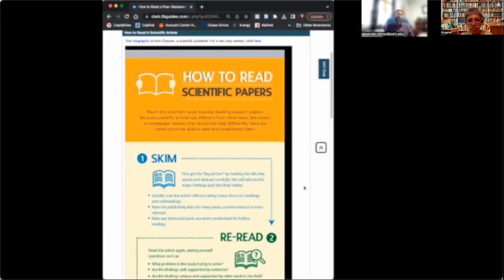The next thing in the abstract would be the results, what they found. If the results are not useful to you, or the results are something that is not part of what you're looking at, then you may want to put that paper to the side. But it's always good to look at the results and see what they found.